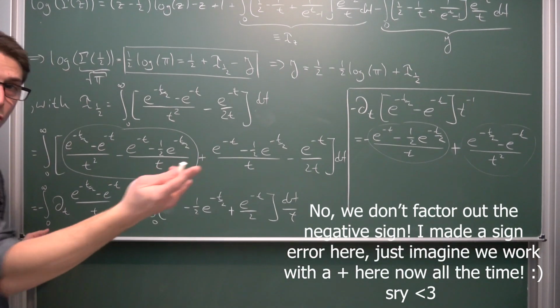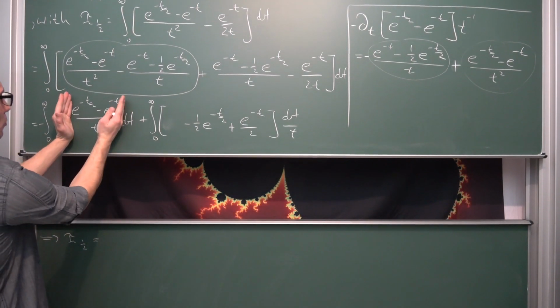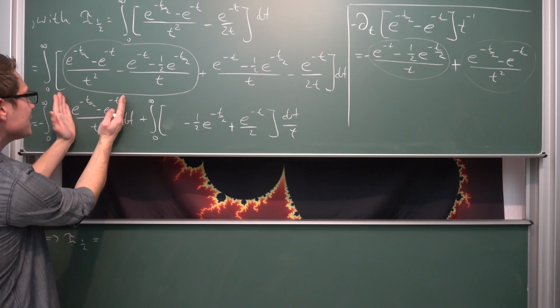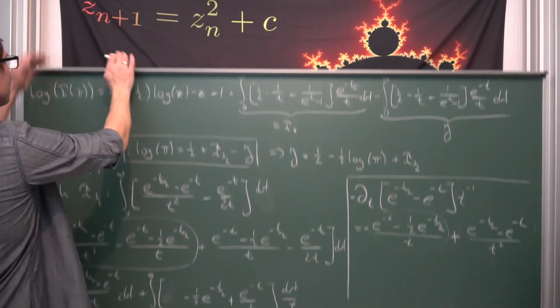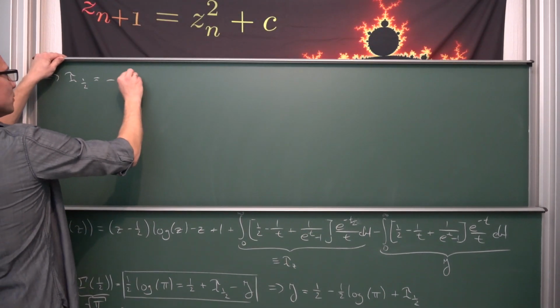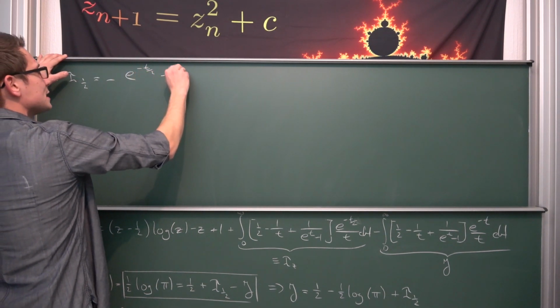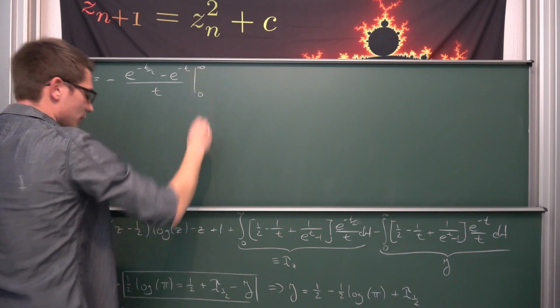okay, as mentioned before, quotient rule turned out very nicely at this point. What we're going to do is take what we have right here, just the integrand basically, that we differentiated, and evaluate it from 0 to infinity. Don't forget your negative sign, meaning we're going to get negative e to the negative t over 2 minus e to the negative t divided by t, all of this from 0 to infinity.